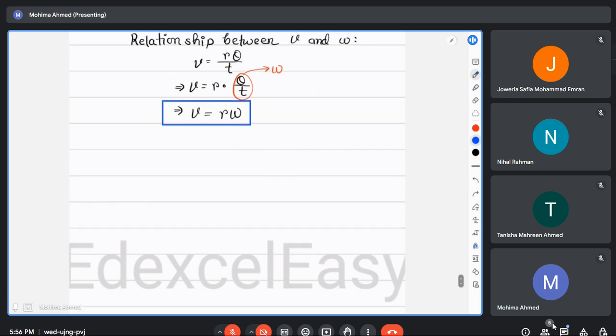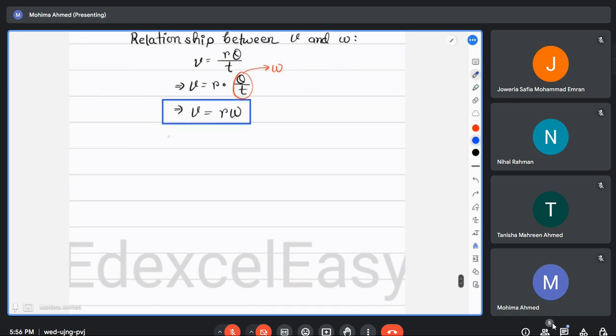So now we'll move on to the acceleration and force formulas. Since you now have two different equations for velocities, obviously there will be two different equations for acceleration also, using those two different velocities.